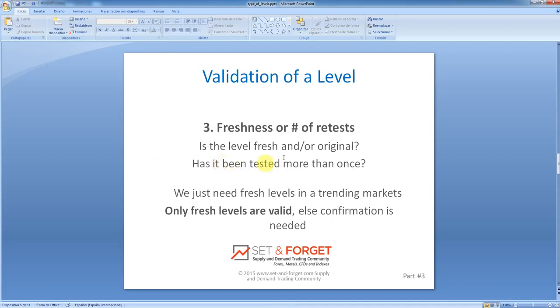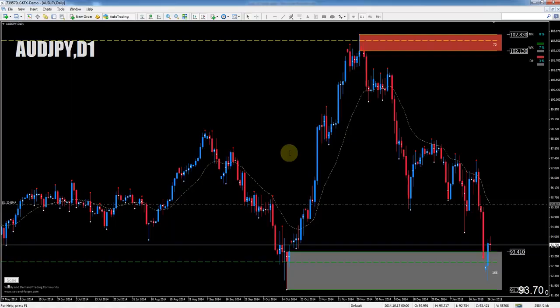So there is a difference between fresh and original, and those will be covered in other videos. But for a trending market, okay, where demand is being respected and supply is being removed, taken out, we just need fresh levels, okay, like this one, or this one, or this one, or this one, okay, only fresh levels.